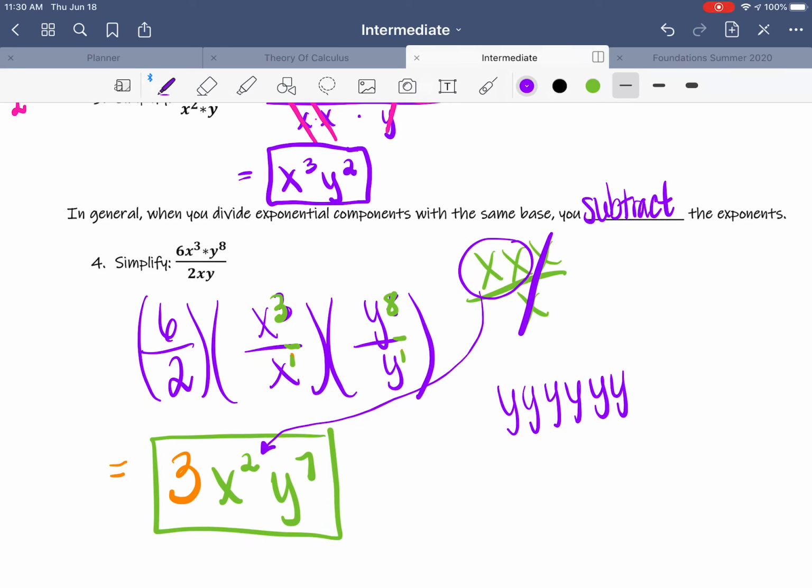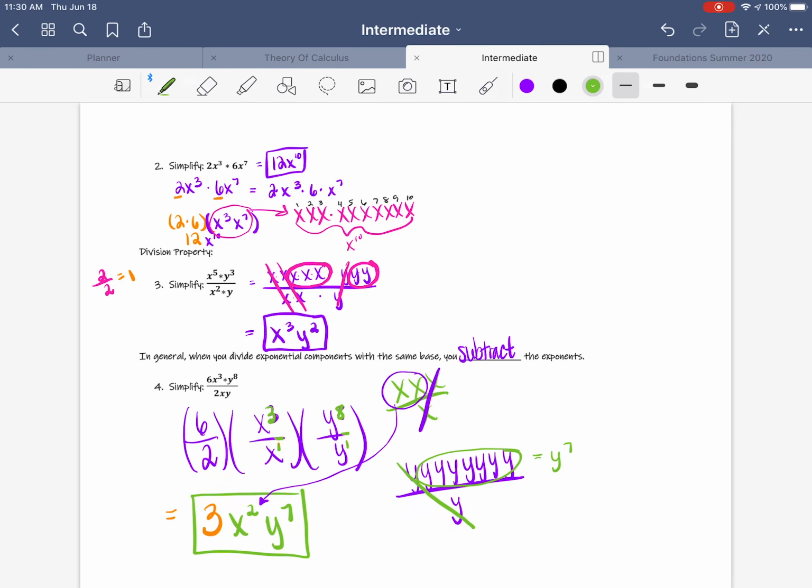Y to the 8th is a little more involved. 5, 6, 7, 8. And that's where y to the 7th comes in there. You can always do that to check yourself if you want.